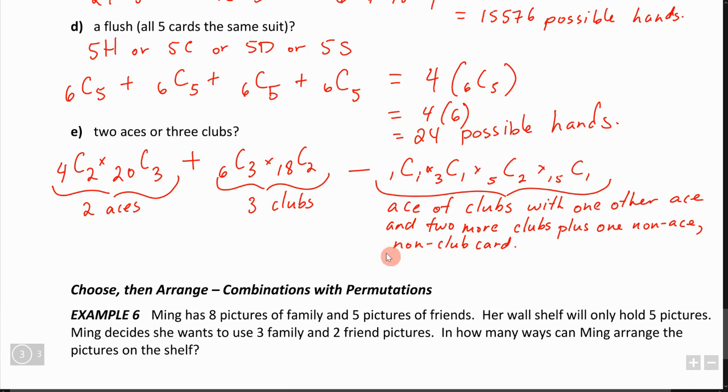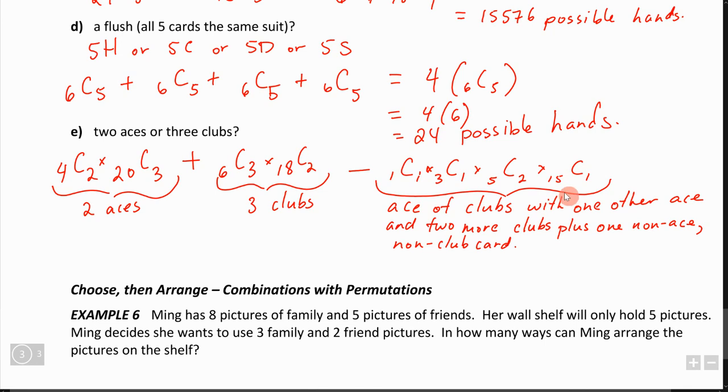So 1 choose 1 represents that ace of clubs, times 3 choose 1, which is the other 3 aces, so you're choosing one other ace. 5 choose 2 representing the possible clubs, times 15 choose 1, which is the other non-club and non-ace card. 15 being non-club, non-ace.